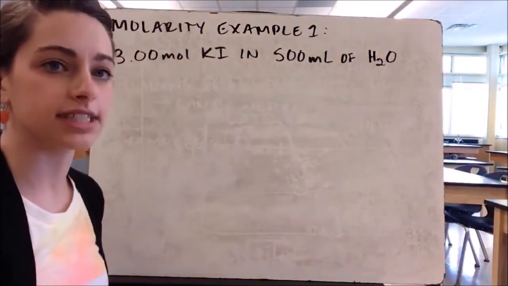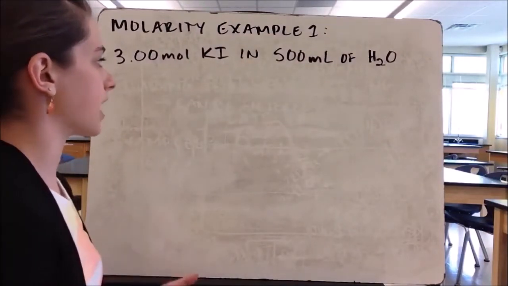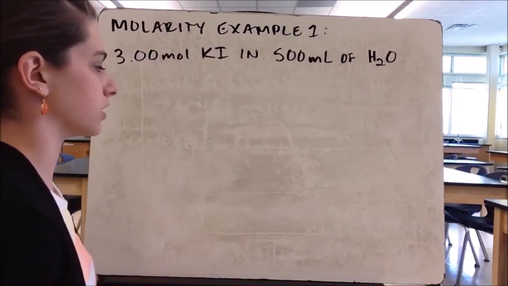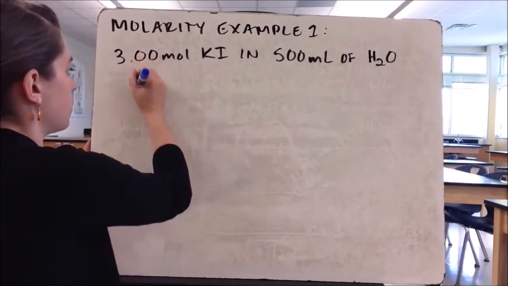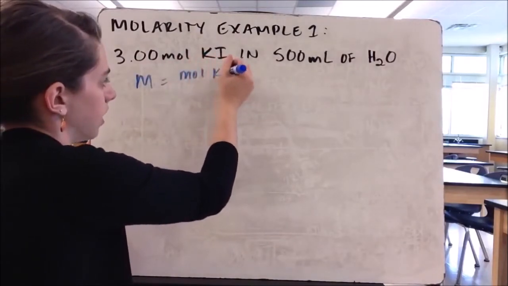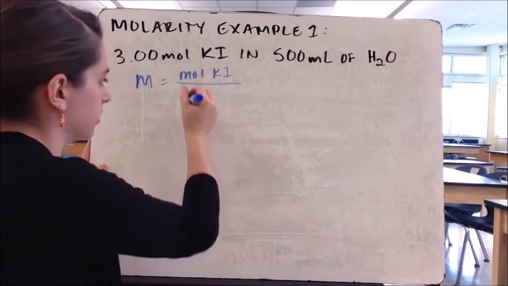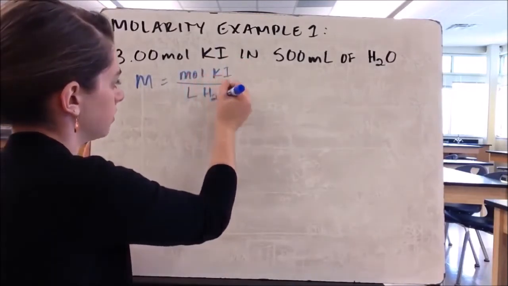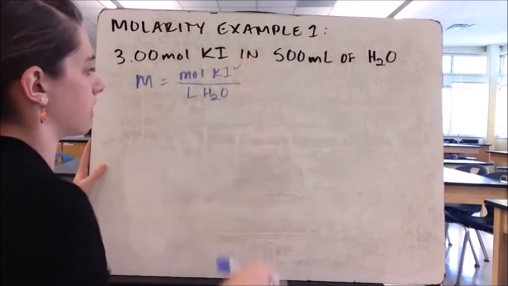So let's look at a couple of examples. Our first example says you have 3 moles of potassium iodide and 500 milliliters of water, and you want to calculate the concentration. Well, I know that my molarity is equal to moles of KI divided by liters of H2O. Well, I already have moles of KI, so that one's good.